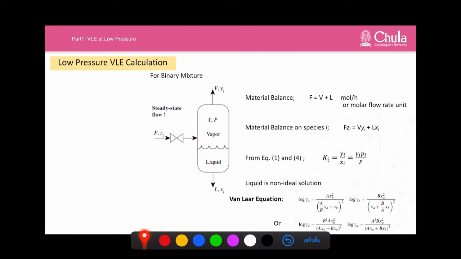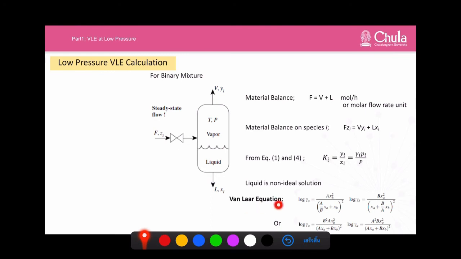And if we use modified Raoult's law, we need an activity coefficient model, because we know that the activity coefficient depends on concentration, or mole fraction in the liquid phase.